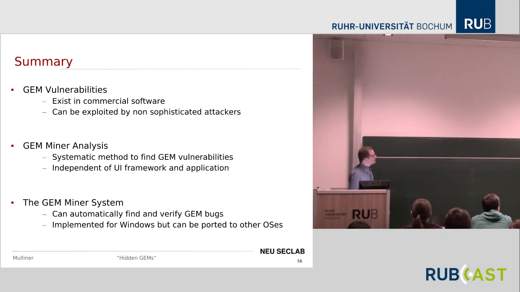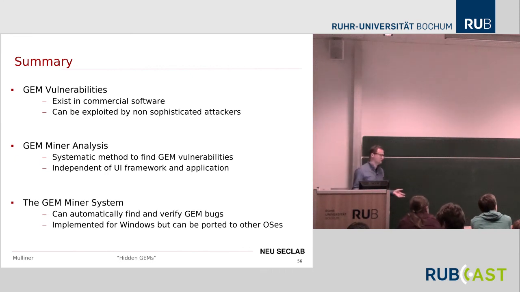So in summary for the attacks, we showed that these GEM vulnerabilities really exist in commercial software, and you can really easily exploit them even if you're not sophisticated or don't have any deep knowledge about attacks or reverse engineering. Our tool basically allows you to systematically look for these kinds of vulnerabilities, and it's really independent from the UI framework and application.